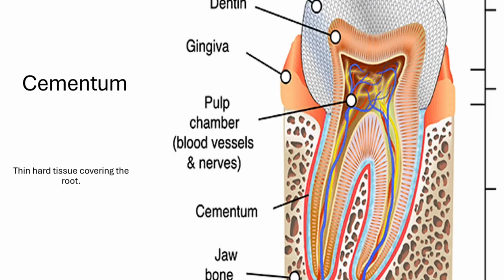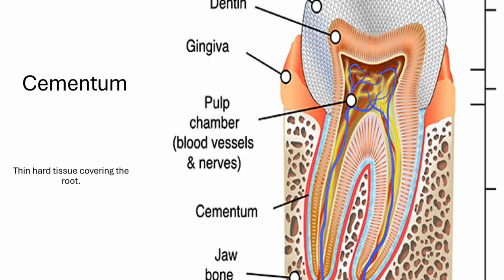Instead, it is suspended by these tiny ligament fibers. These fibers connect the cementum of the root to the surrounding alveolar bone, which is the part of the jawbone that supports the teeth. Around the tooth, we also have the gingiva, commonly called the gum.